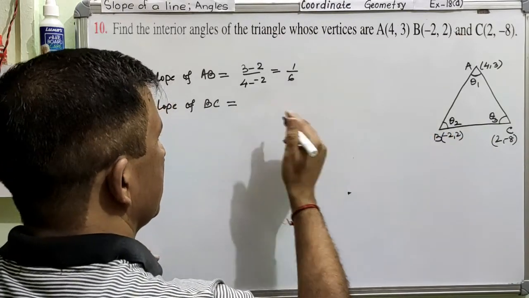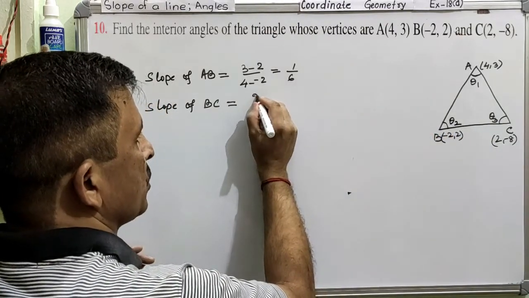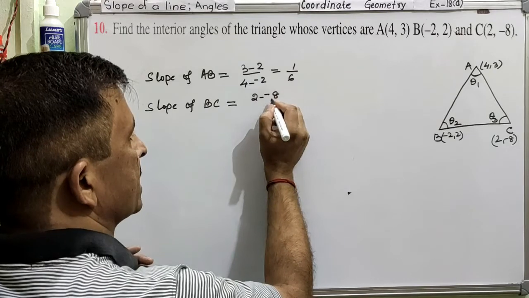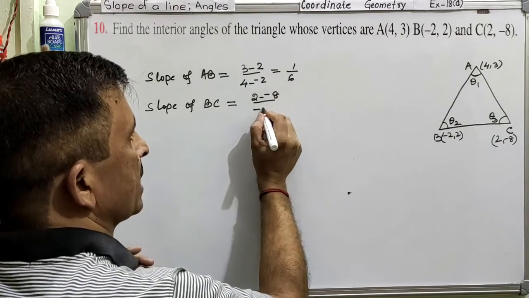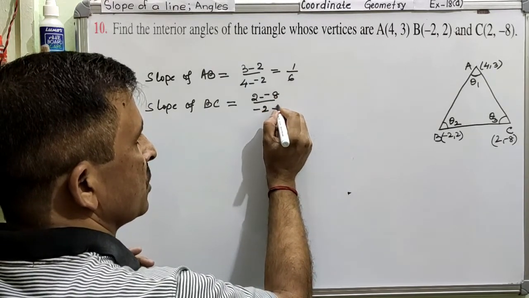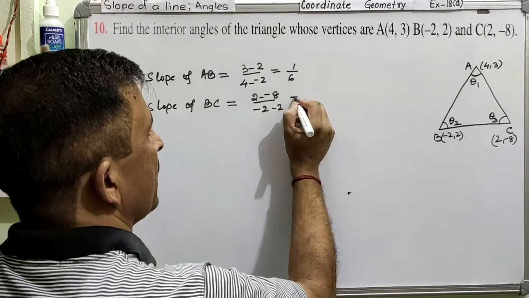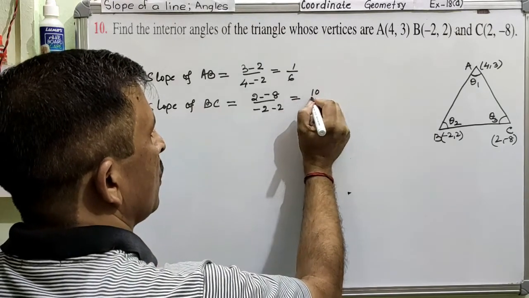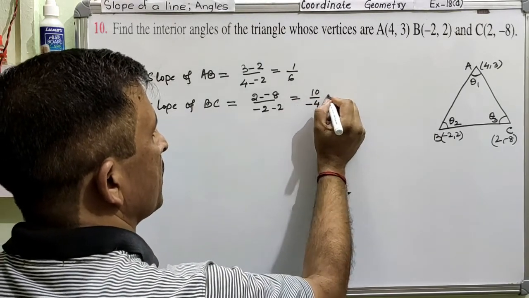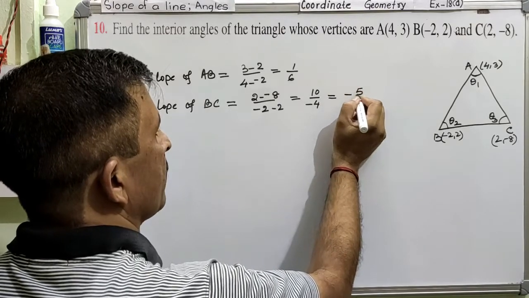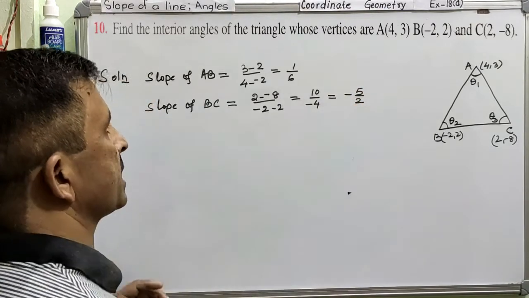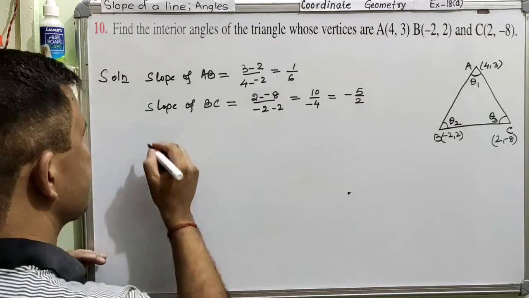Your wish, right? So maybe 2 minus 8 divided by -2 and -2. Clear? This is now 10 over -4. This is equal to -5 over 2. This is the slope of your BC.